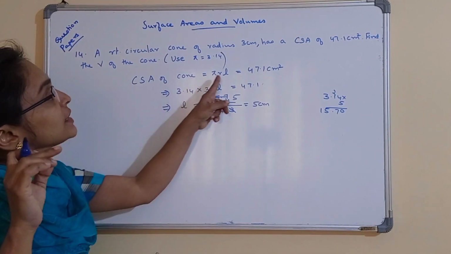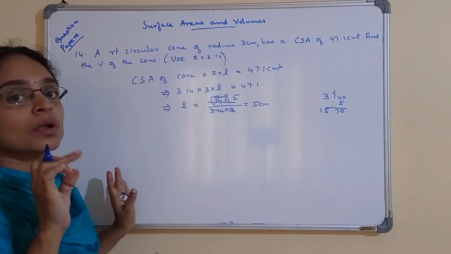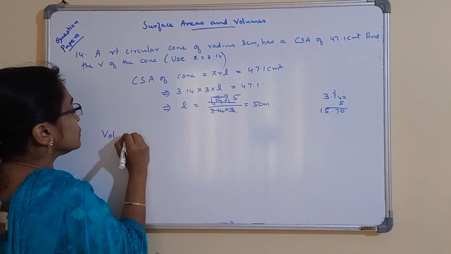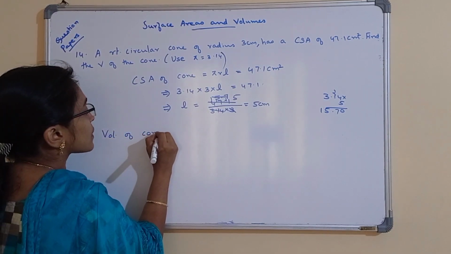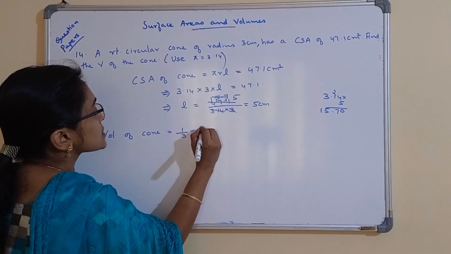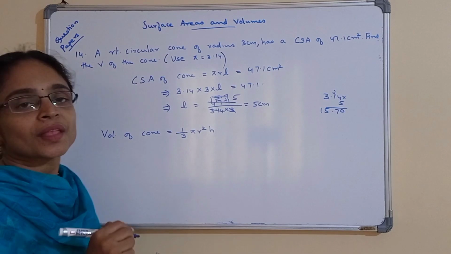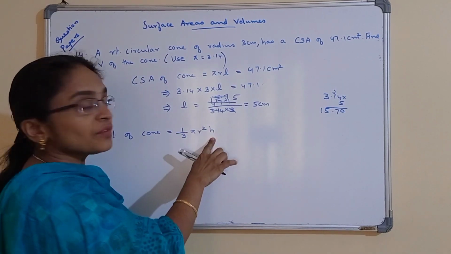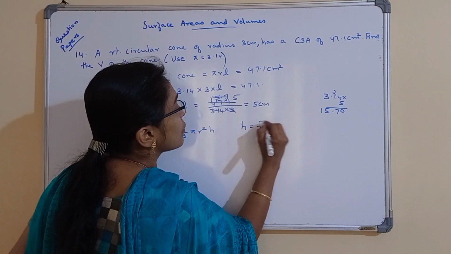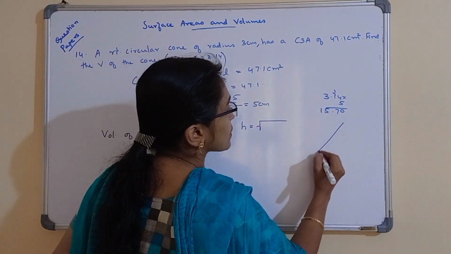Now to find volume of cone. What is volume of a cone? Volume of cone is equal to 1 by 3 pi r square h, right? And for that we have to find h. H is equal to root of, that is for a cone.